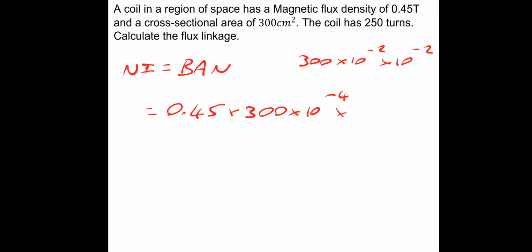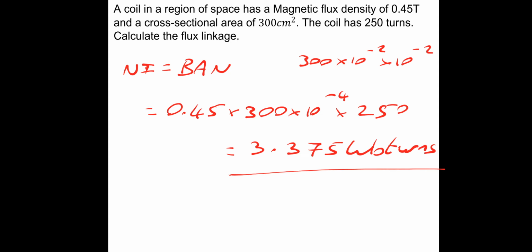Multiplied by the number of coils, which is 250. And if you put that in your calculator, you'll get an answer for the flux linkage of 3.375 Weber turns. Hopefully that went okay. Right, let's move on.